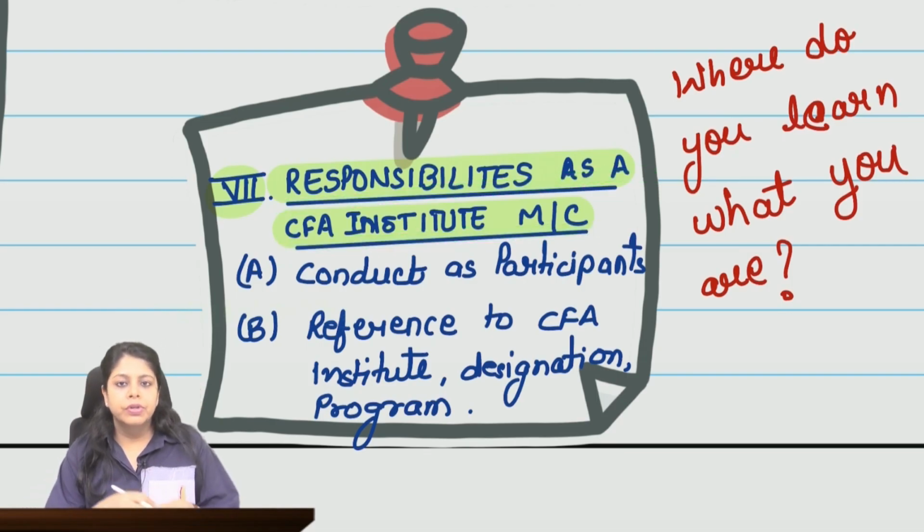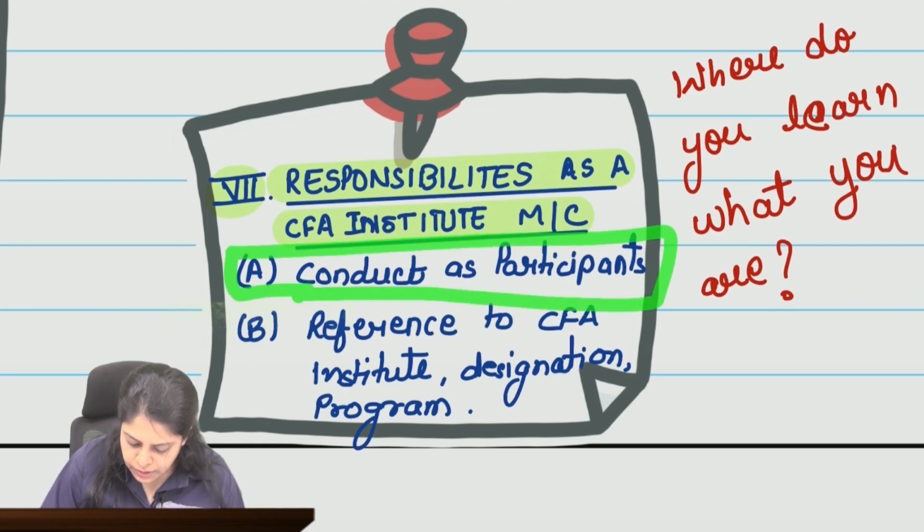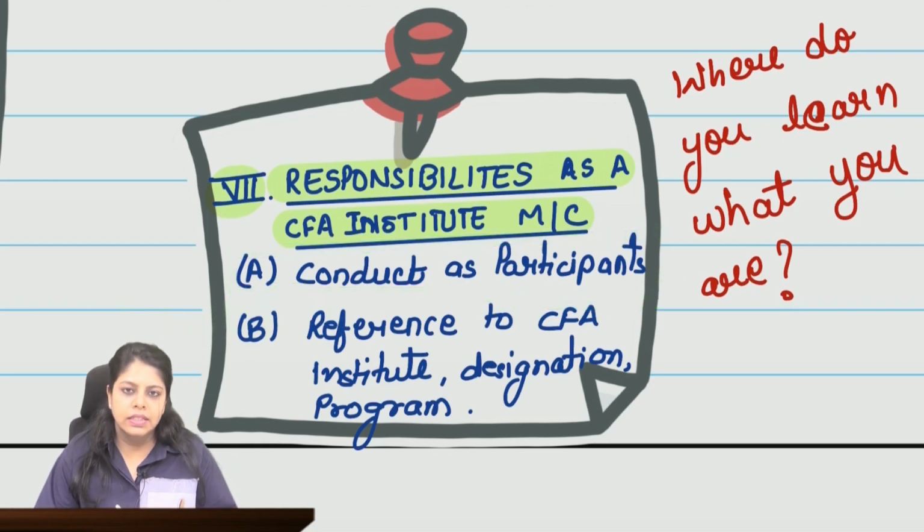Since you are a member or a candidate in the CFA Institute, you are bound to have certain roles and responsibilities, and you need to fulfill them. The first subsection is your conduct as a participant. You must never do anything that will hamper the reputation of the CFA Institute, that will play with the integrity of the CFA Institute.